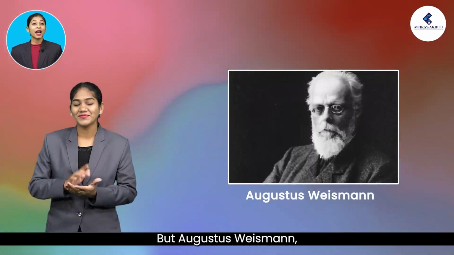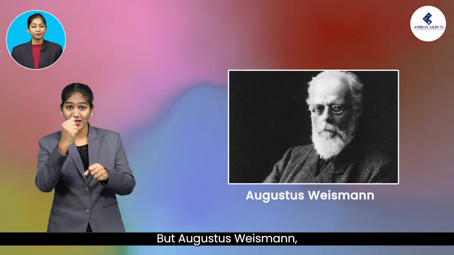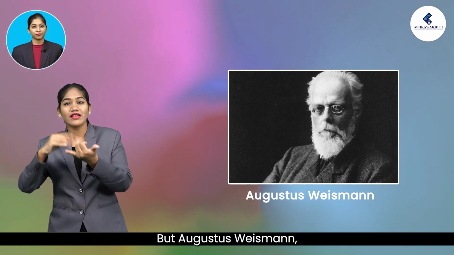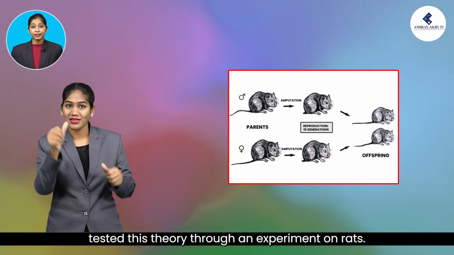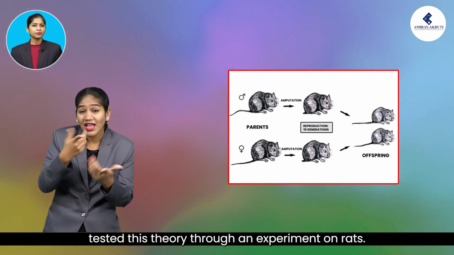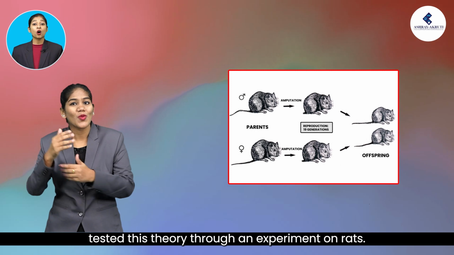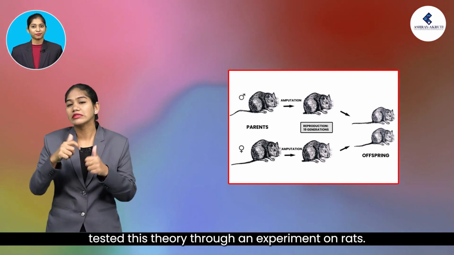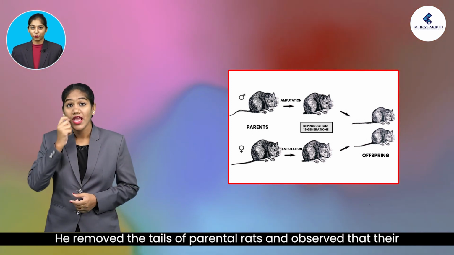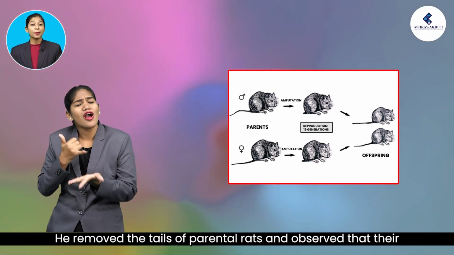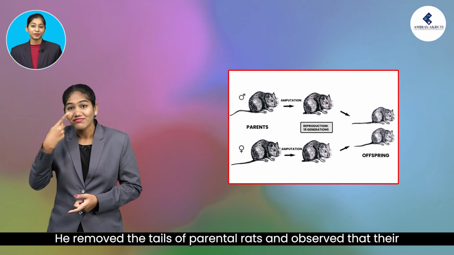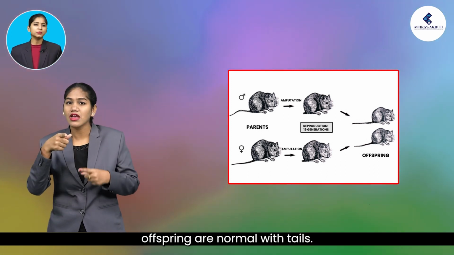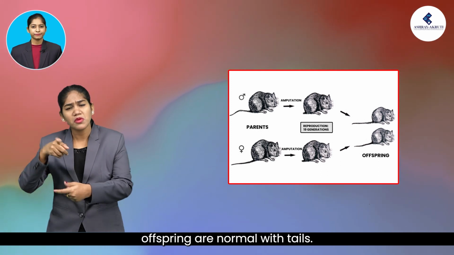But Augustus Weismann tested this theory through an experiment on rats. He removed the tails of parental rats and observed that their offspring were normal with tails.